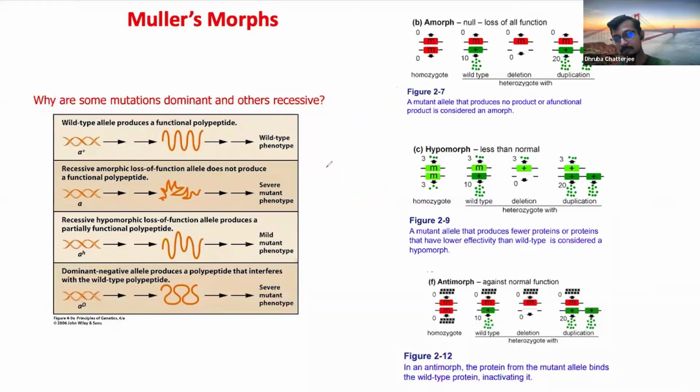They are encoding for one particular gene product which is inhibiting the activity of the wild type. So even in the heterozygous scenario, you are getting the mutant phenotype.